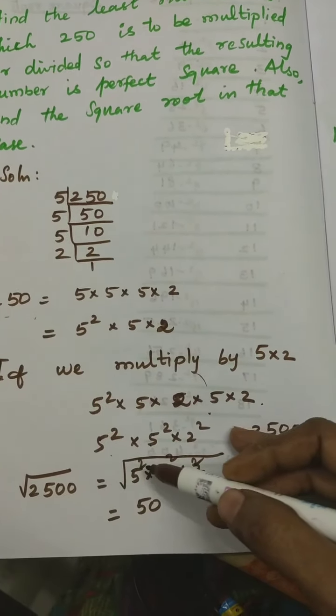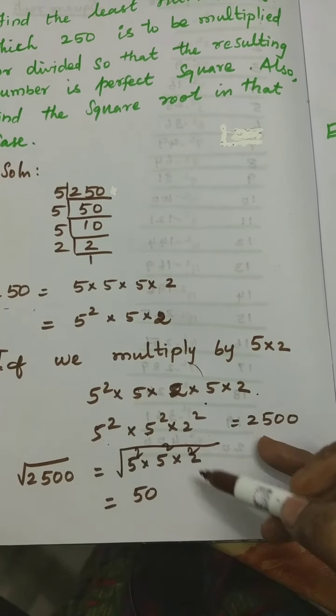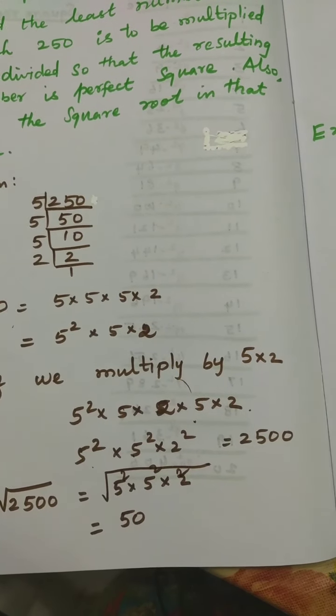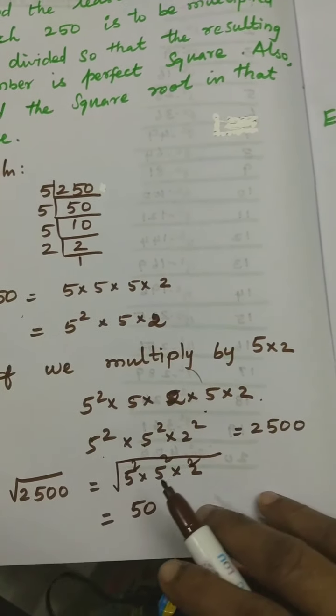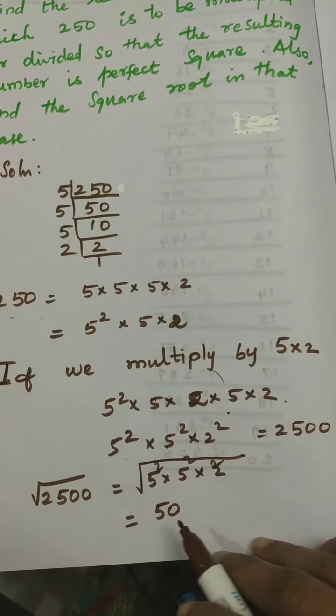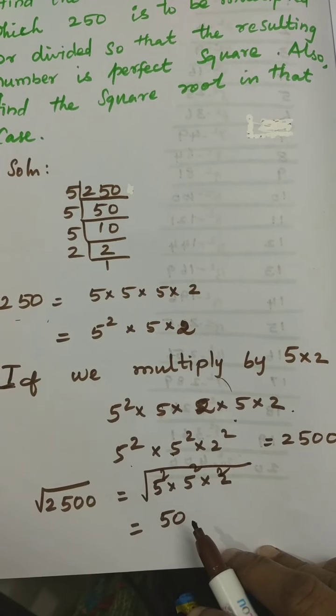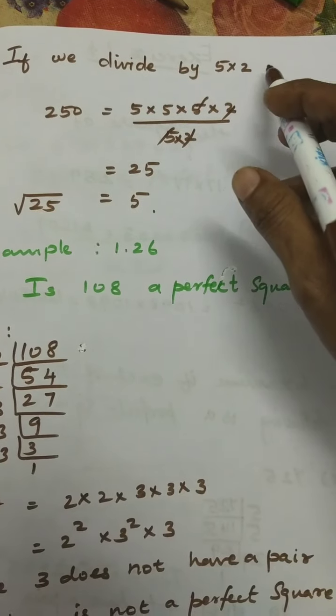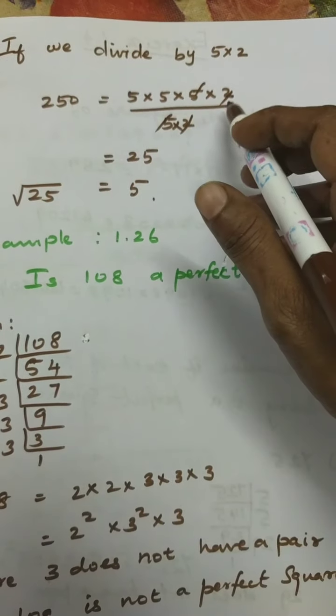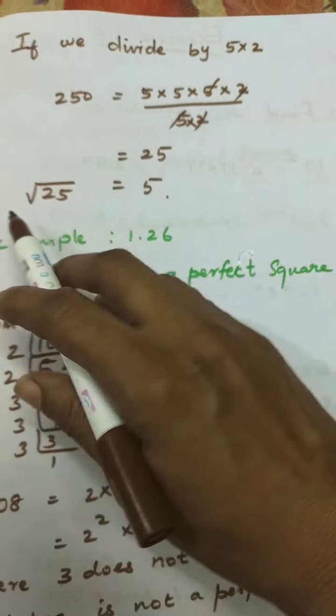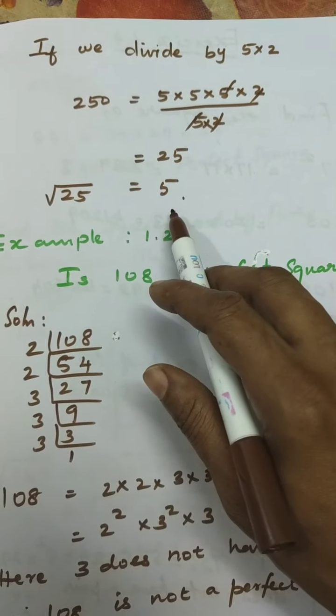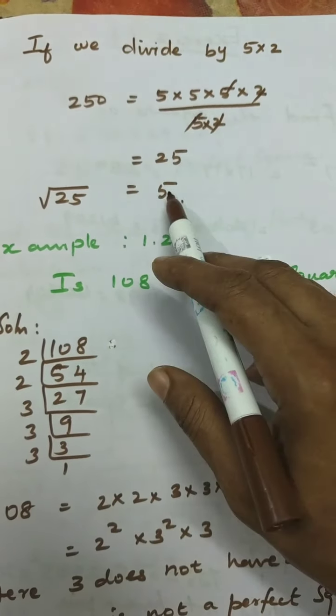Now take 1 5 and 1 2 outside. 5 5s are 25, 25 2s are 50. For 2500 it is 50. Okay. Then next one, if we divide by 5 into 2, it will get cancelled and we get 25. That is 25, a perfect square because two 5s are there now.